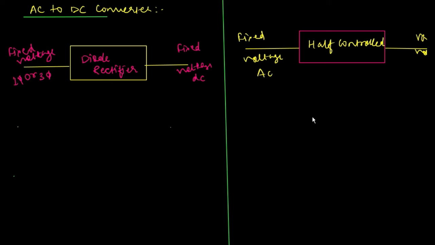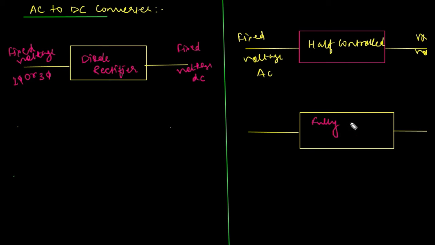It's a fully controlled rectifier where we have the input voltage is fixed, and remember it should be the AC, and the output should be the DC. So we'll get the variable voltage DC.